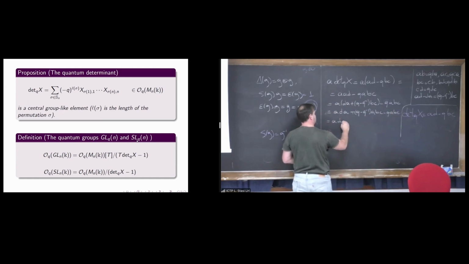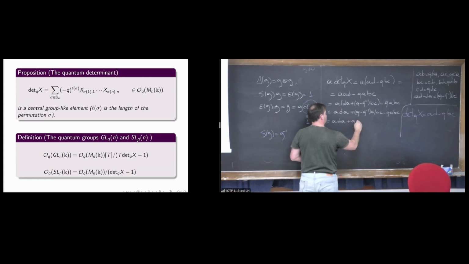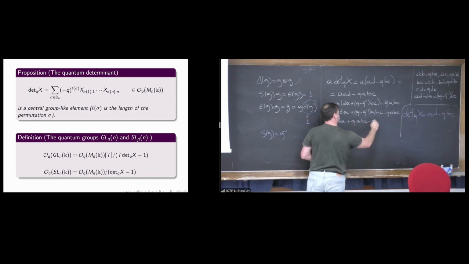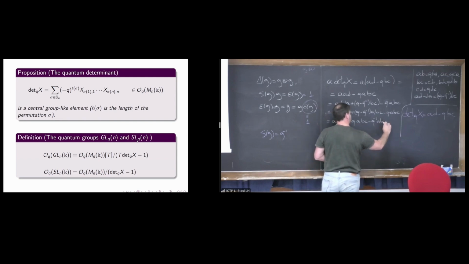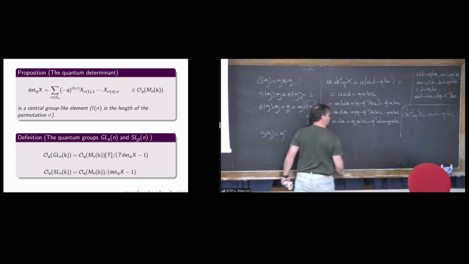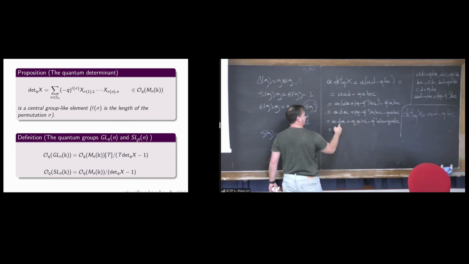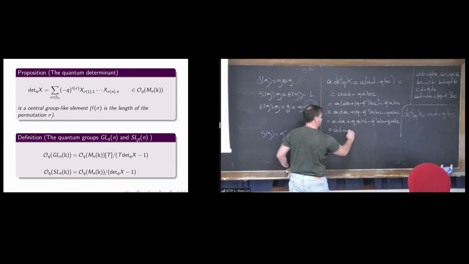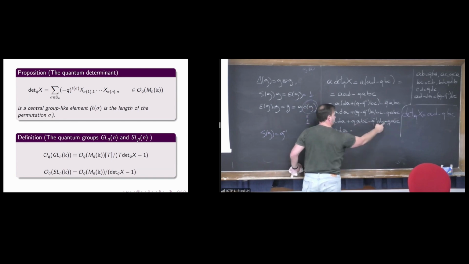So I have ADA plus Q ABC minus Q minus 1 ABC minus Q ABC. So this one goes away with this one. And I change again the AD with the DA. No, I don't change anything. So we have ADA minus Q minus 1 ABC.